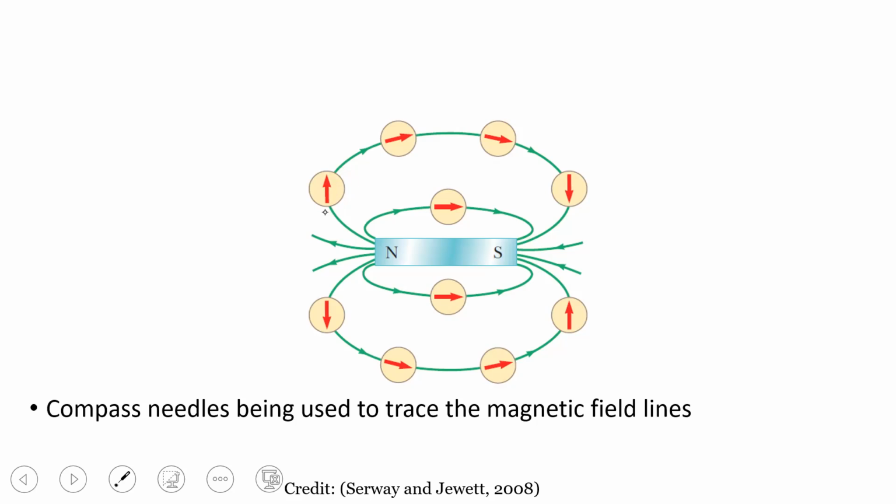So when you place a small compass of this nature here, I begin to plot the direction, the points of the arrow. It should give you an arrow to show that this is the north.